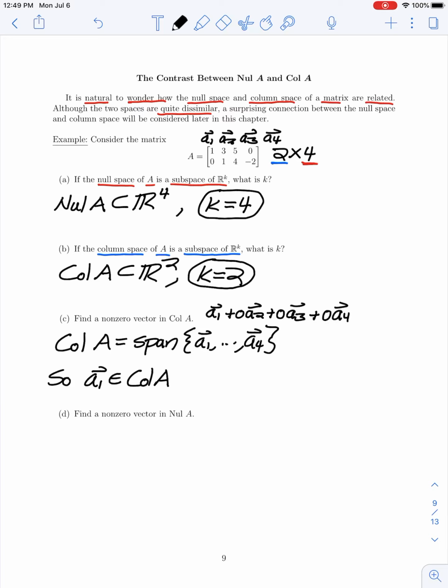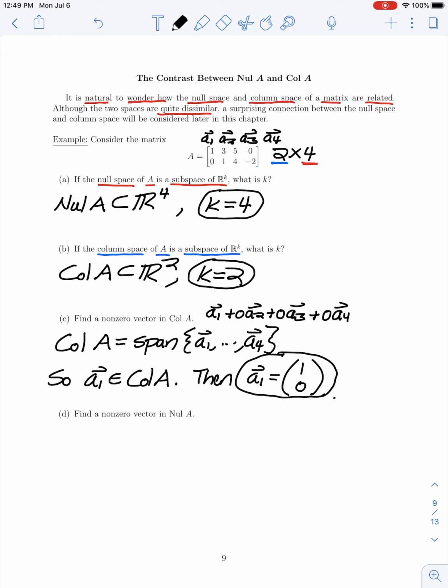This would be a linear combination of my 4 column vectors, and therefore an element of the column space. And since A1 is a non-zero vector, we could use that as a representative from the column space of A. So here we have found a non-zero vector which lies in the column space.